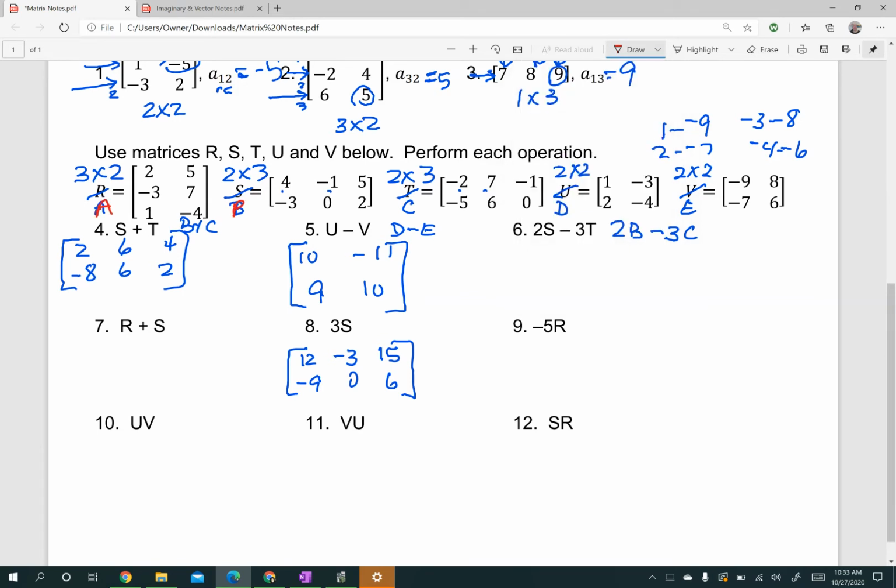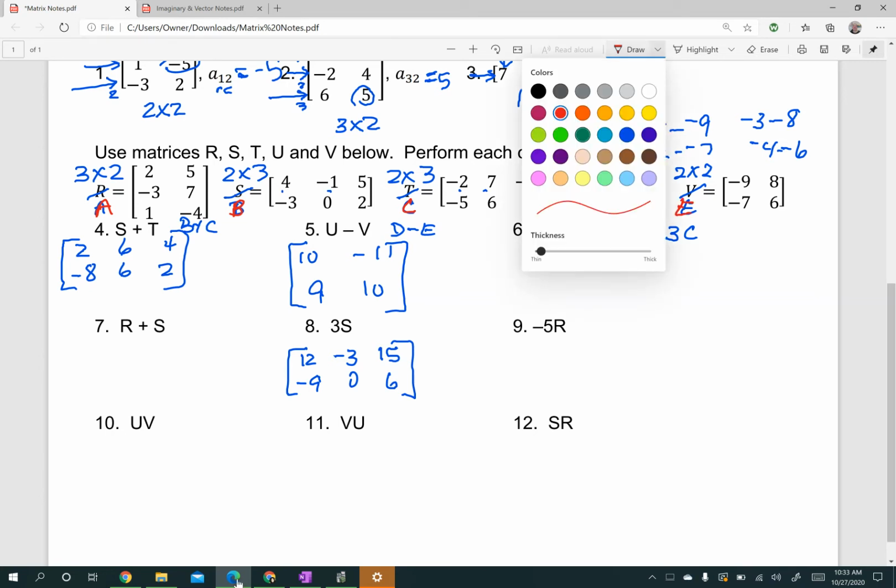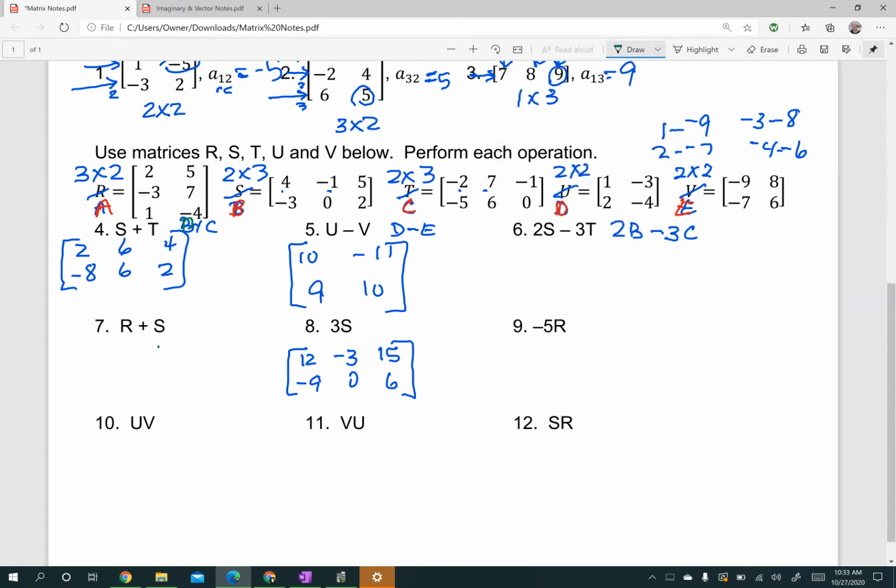A, B, C, D, E. That's better. All right, so then B plus C, D minus E, 2B minus 3C.